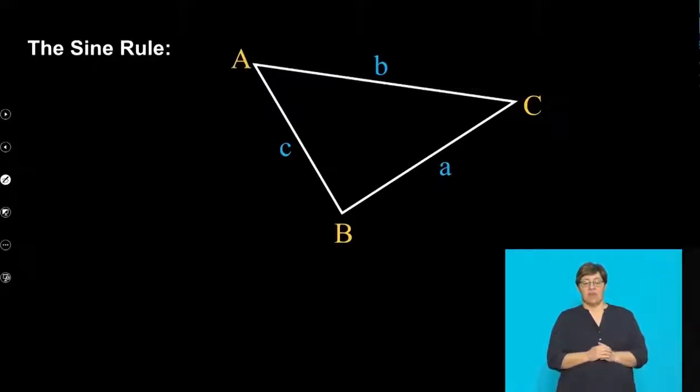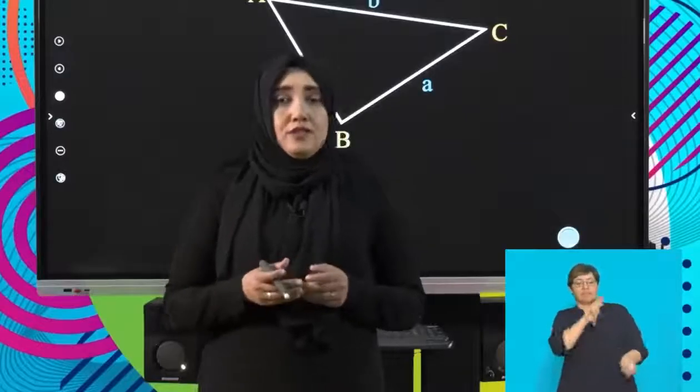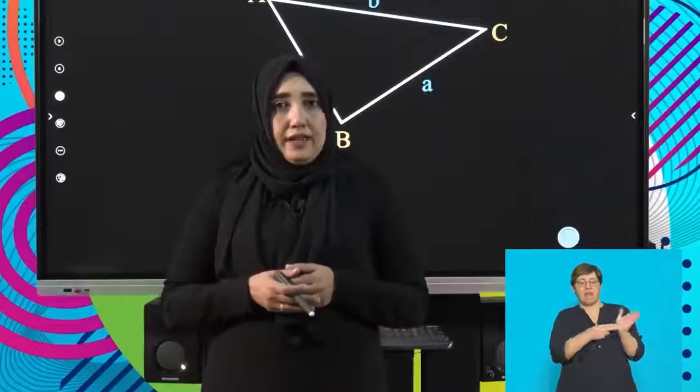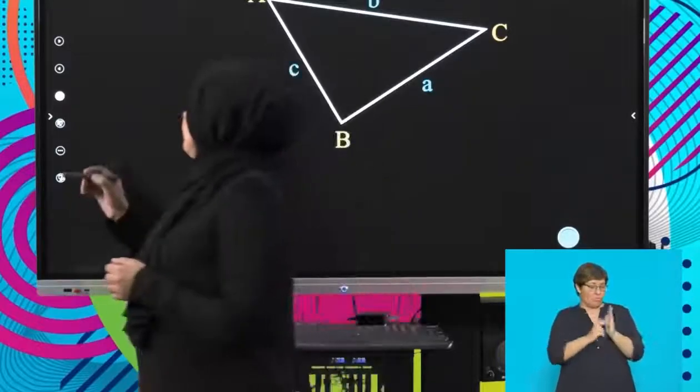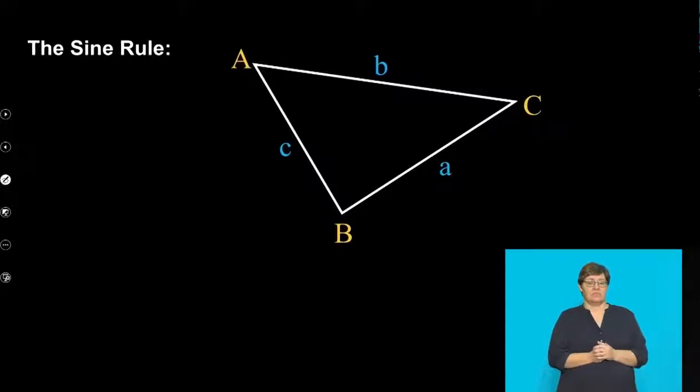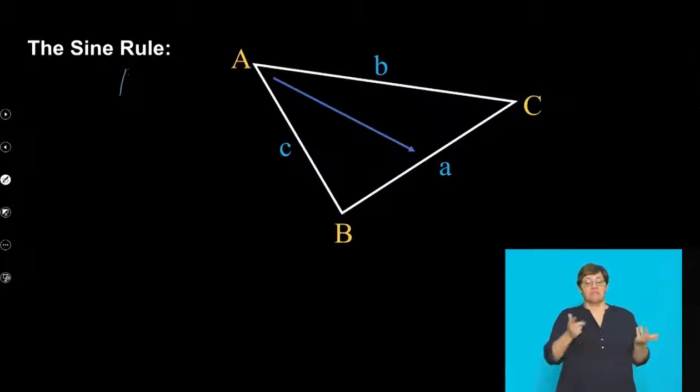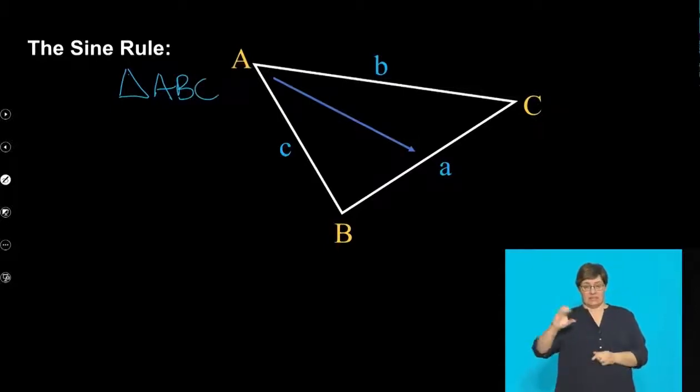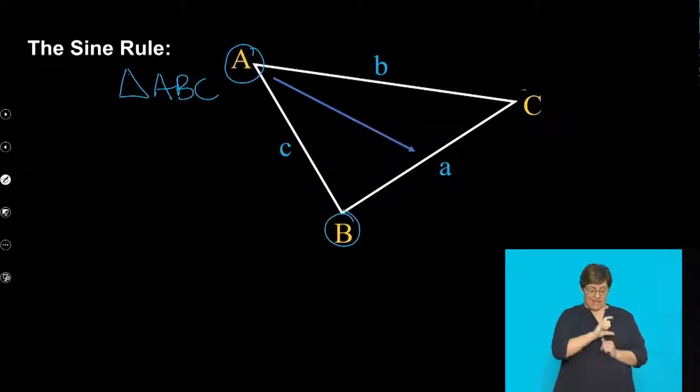Before we begin, we need to revise some of the conventions of labeling a triangle. So let's go back to the board. If you recall, when we label triangles, for example this triangle, which we call triangle ABC, each vertex is labeled with a capital letter. So this vertex is A, B, and C, and that also represents the angle.